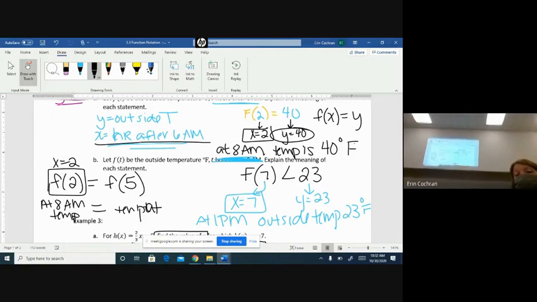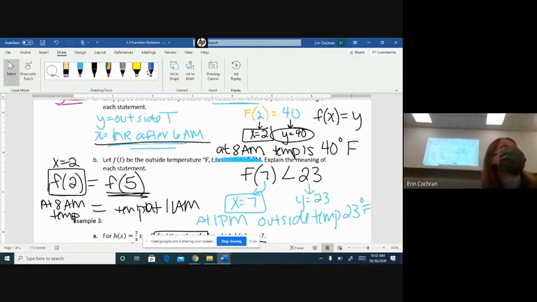What's 5 hours after 6 a.m.? At 11 a.m. So f of 2 equals f of 5 means my temp at 8 a.m. is going to be the same as my temp at 11 a.m. Okay. Do we actually know the temperatures though? No, we just know that they're going to be the same. Does that make sense to you guys a little bit? Do you see why I left this one last? Yeah, because it's kind of weird on that wording situation. I think you have one problem like that on the homework.